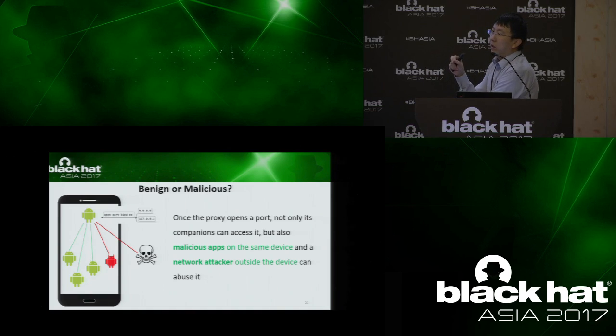And also, if the device is infected by some malicious application, the application can also access such ports to do those behaviors as well. But here we want to emphasize, if we have the concept of the 3G, 4G intranet, actually some attacker from the network can also access this port. So later I will show you how that can be done.